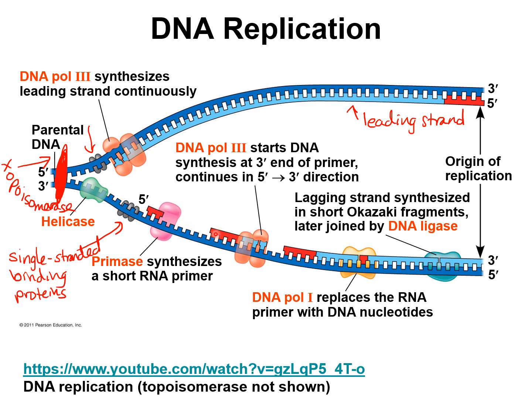And then once we have our RNA primer, DNA polymerase III will come in and put in the DNA nucleotides until it runs into the previous RNA primer, and then it falls off.